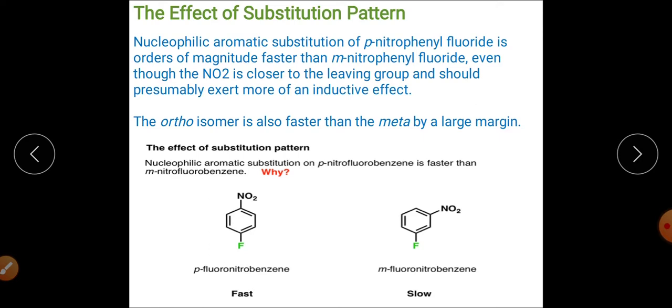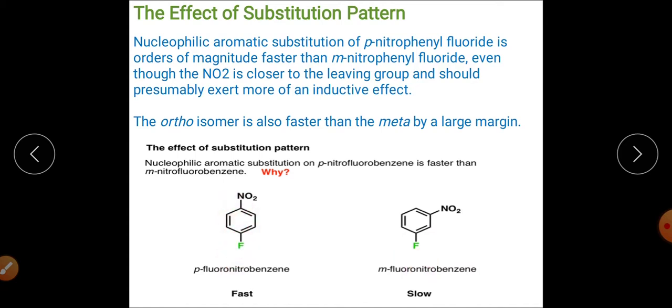When we compare the rate of these two reactions in aromatic nucleophilic substitution, we can clearly see that this reaction is fast in comparison to this reaction. However, the distance between this electron withdrawing group and this particular fluorine is less in comparison to this one.